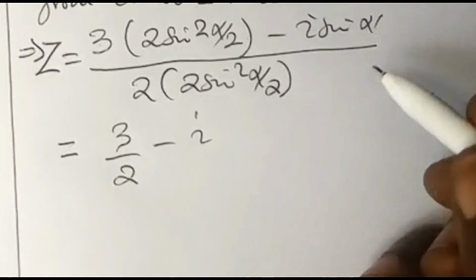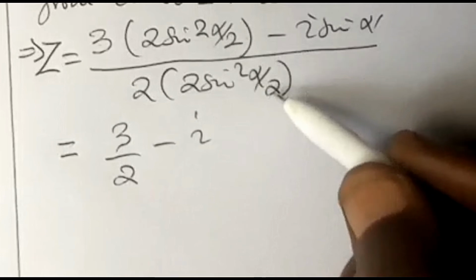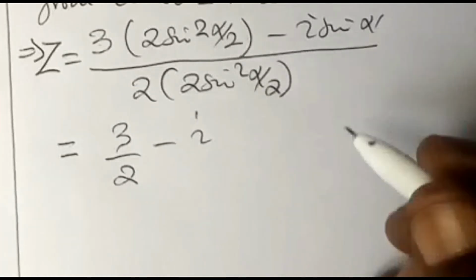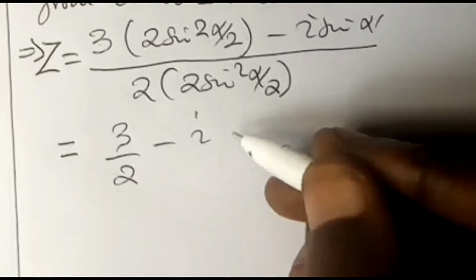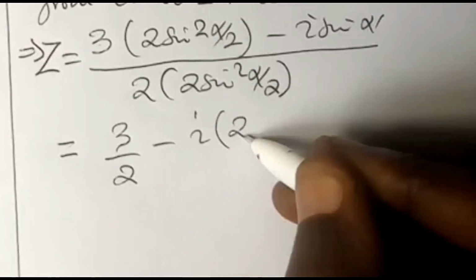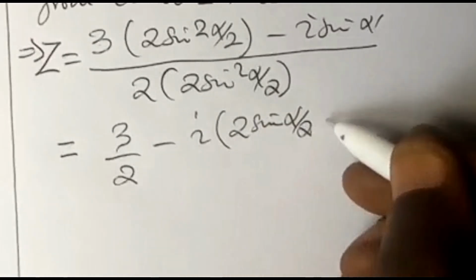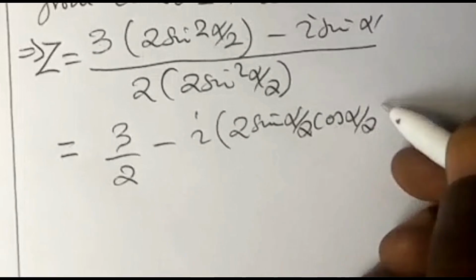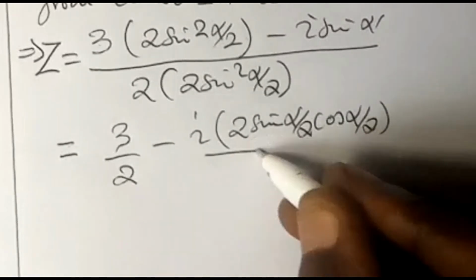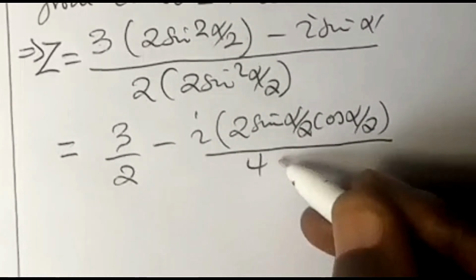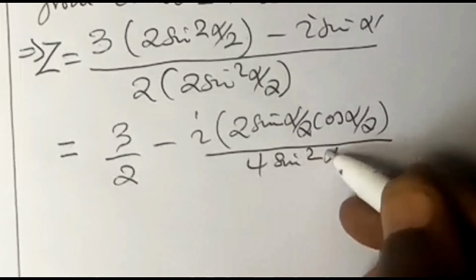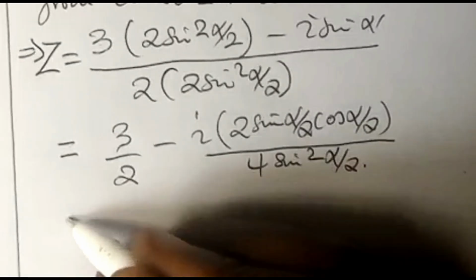Now sine alpha, since the other parts are in terms of half angle, can also be expressed in terms of half angle as 2 sine alpha on 2 cos alpha on 2. I have to divide again by the denominator, which is 4 sine squared alpha on 2.